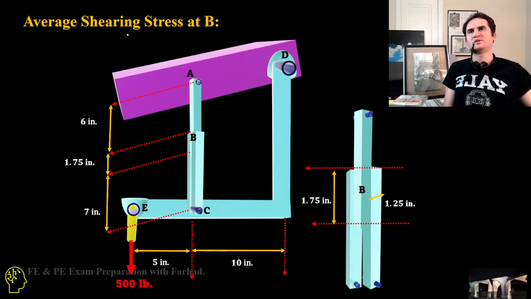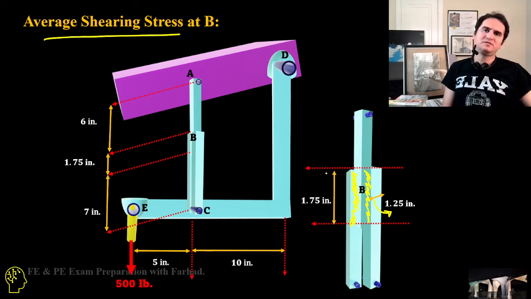If we want to know the average shear stress, remember there is epoxy resin applied at the connection of these two parts. One at this side, one at the other. So the area is the width of 1.5 times 1.75.